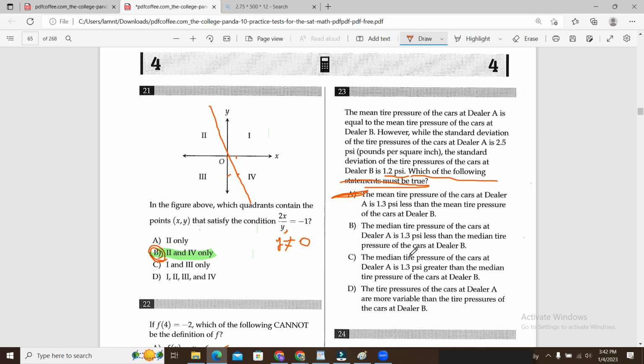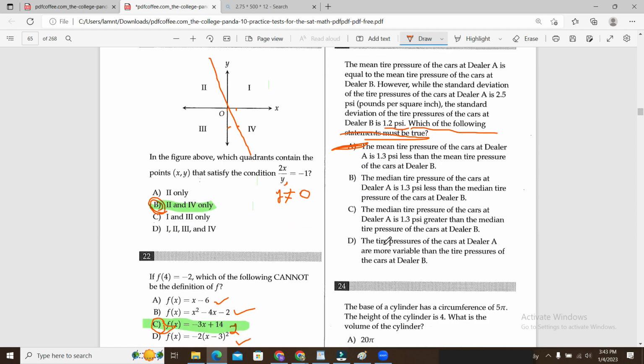C, the median tire pressure of cars at dealer A is 1.3 times greater than the median. Okay, so they ask again about the median. The median, we don't know. But D, the tire pressures of the cars at dealer A are more variable than the tire pressures of cars at dealer B. So we can see the standard deviation of A is 2.5, whereas the standard deviation of B is 1.2.